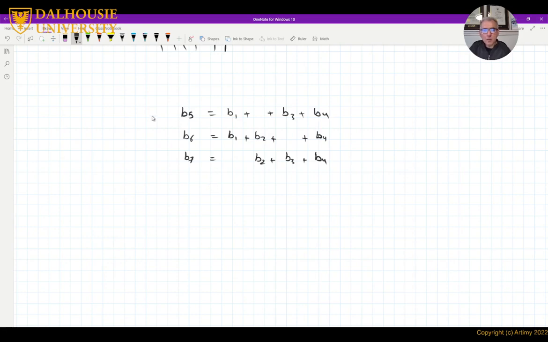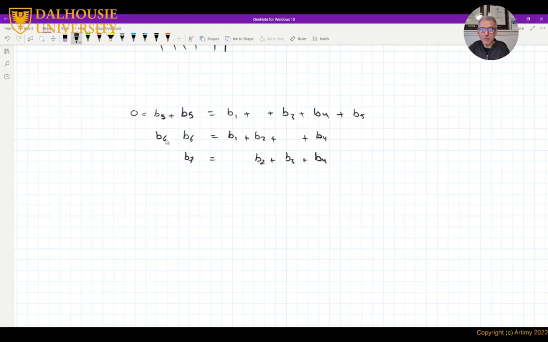Okay, so if I add B5 to B5 here and add it to the other side, what I will end up with, remember modulo 2 arithmetic or XOR, adding a number to itself will result in a 0, right?